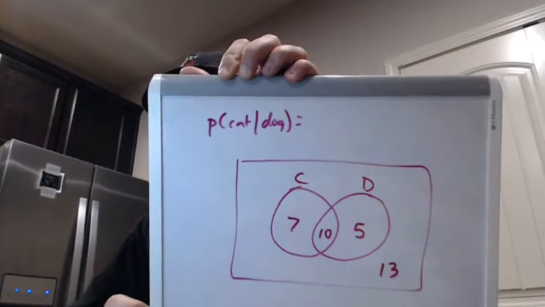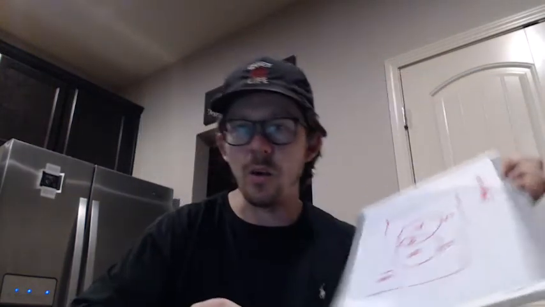Okay, let's look at the next question. Ooh, this is fun. What's the probability you own a cat given you own a dog? Interesting. Cat given that you own a dog. When you say that, you're not talking about everybody.